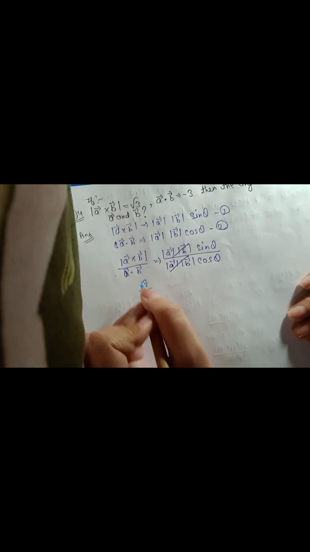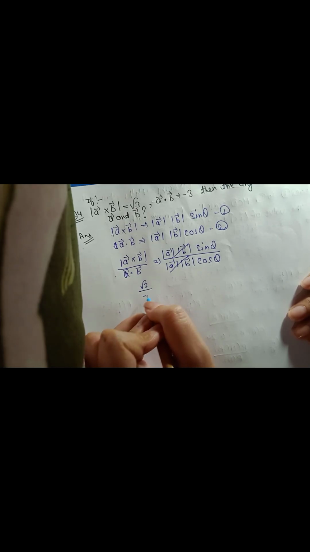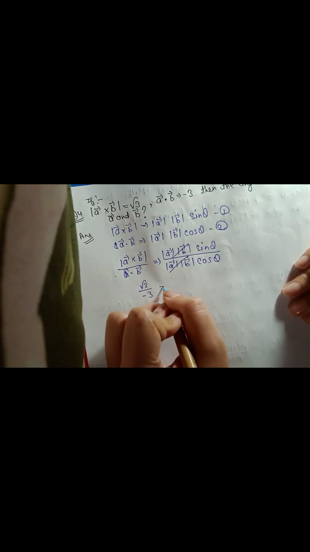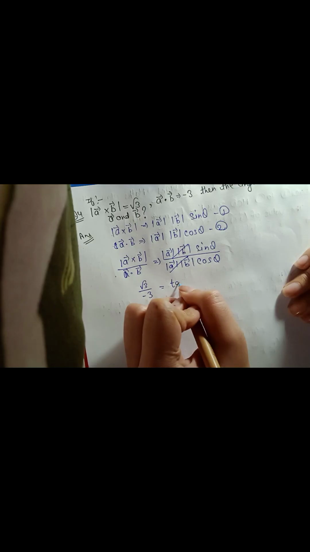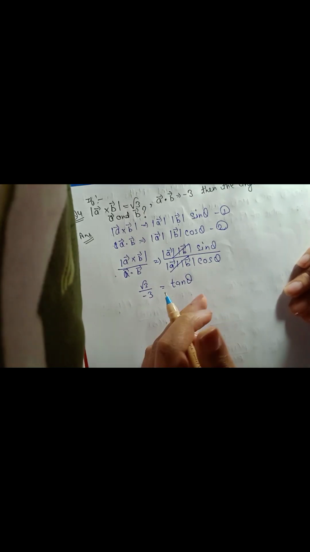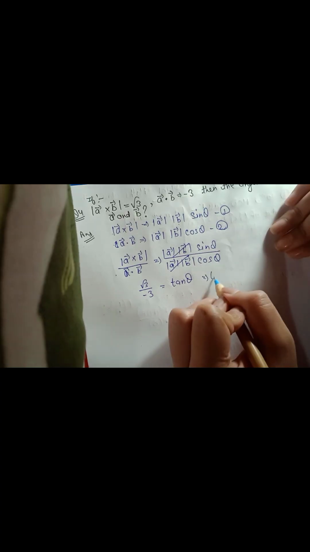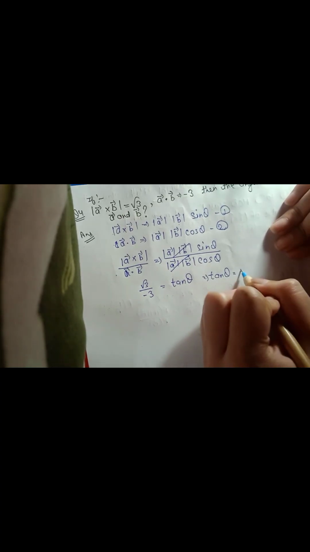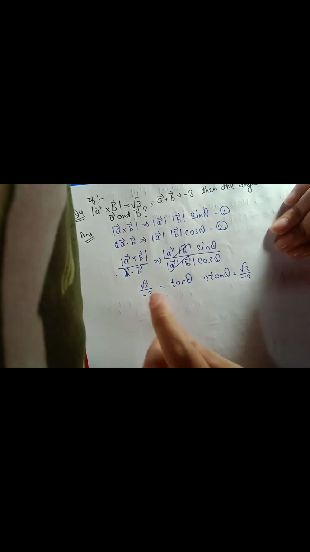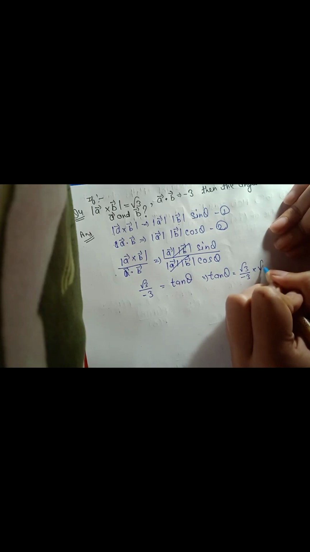Now we put the values of the cross and dot products, which is root 3 by minus 3, and sine by cos theta is tan theta. So tan theta is equal to root 3 by minus 3.